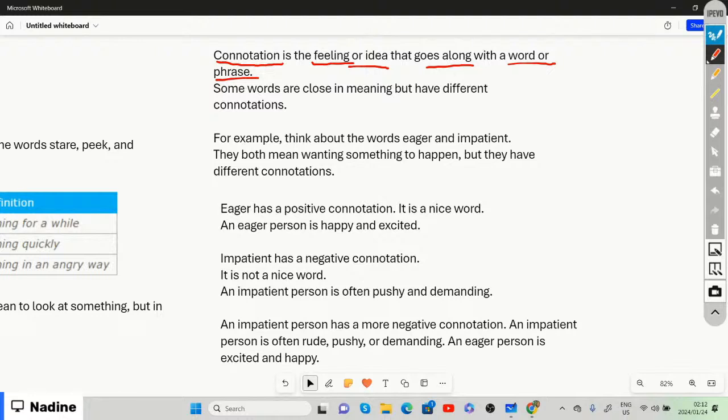And some words are very close in meaning, but they have different connotations. For example, think about the words eager and impatient.